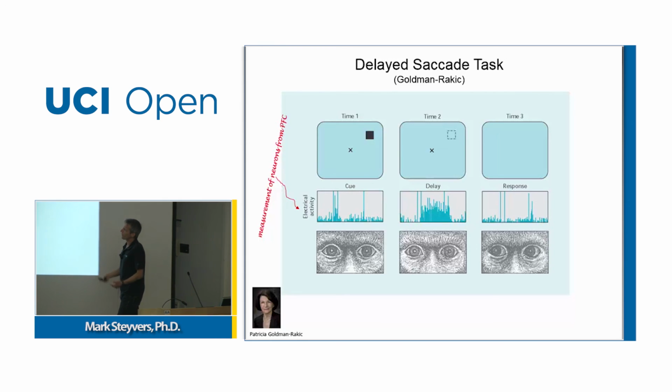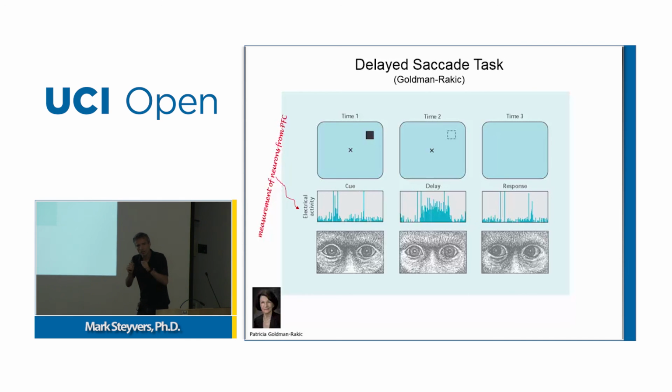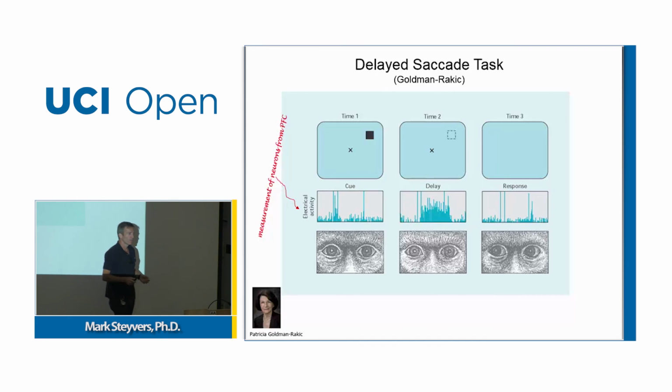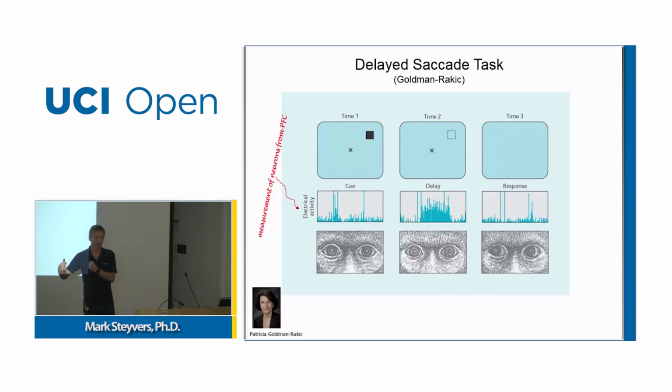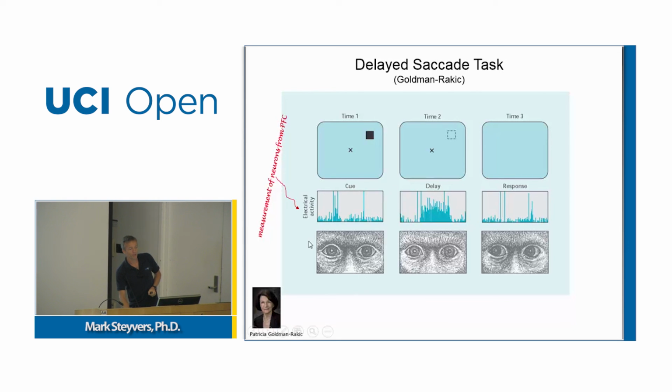Now, there are also studies that show at the individual neuron level that there are neurons engaged in the process of holding on to a memory, which is very difficult to prove, but there's some great experiments that were done to demonstrate that there are neurons engaged in the act of remembering. So in this experiment, a monkey is looking at a visual display, and the visual display is shown here at the top, right?